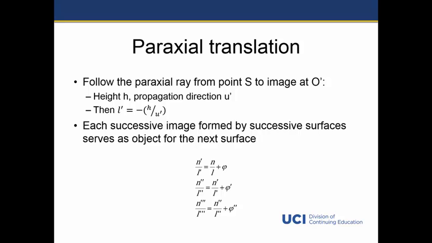That image serves as an object for the second optical surface, which forms an image that serves as the object for the third optical surface, etc. And we can just follow this through, simply applying this to successive surfaces as the light propagates from surface to surface to surface through your optical system.